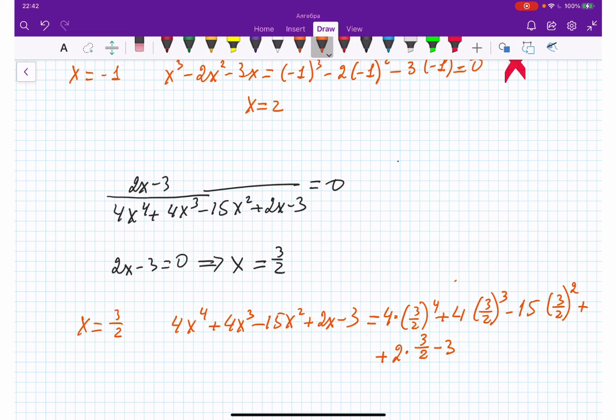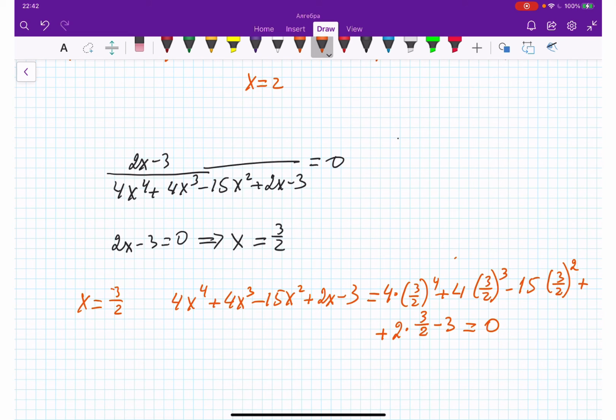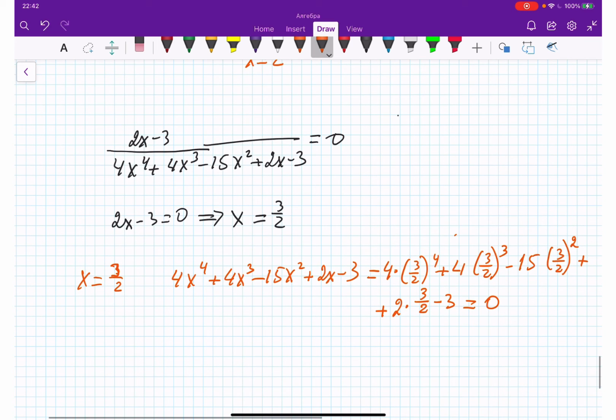And if you solve it, you will see it becomes 0. So the only answer we got, 3 over 2, does not satisfy our denominator, which means the equation has no solution. So the answer is no solution.